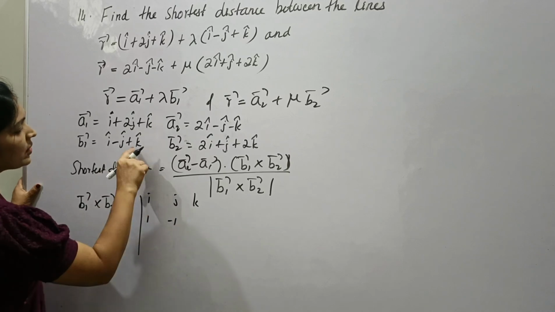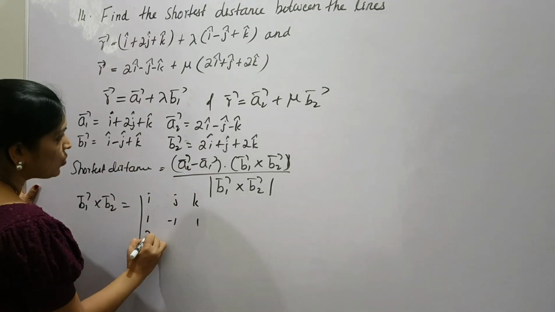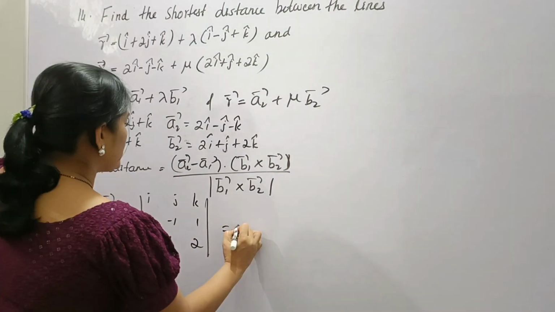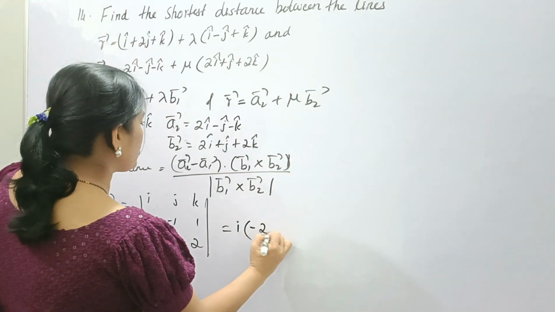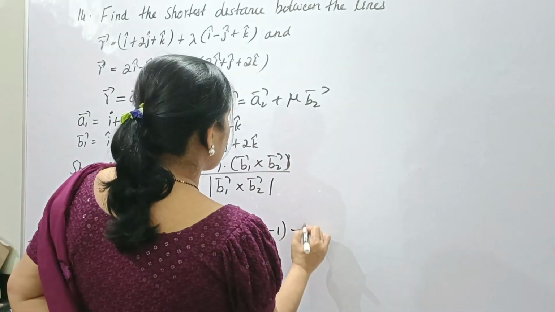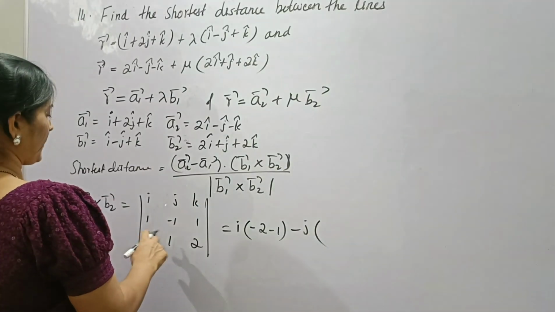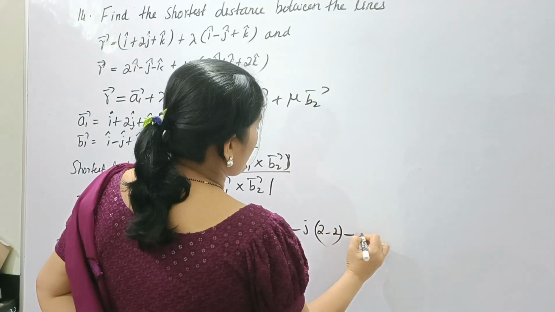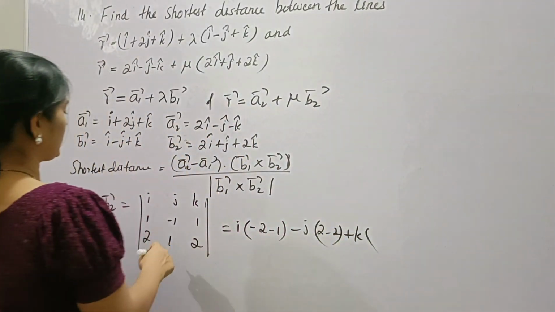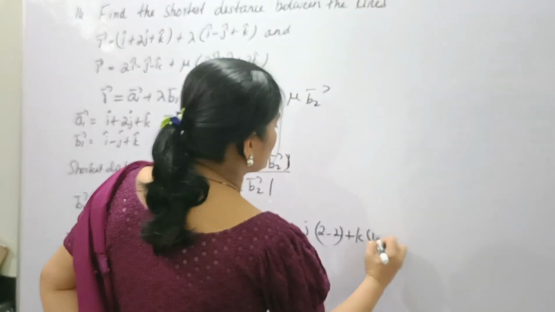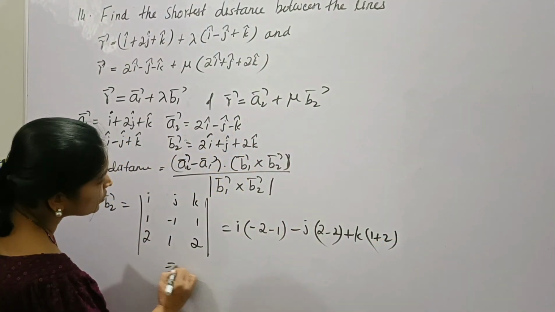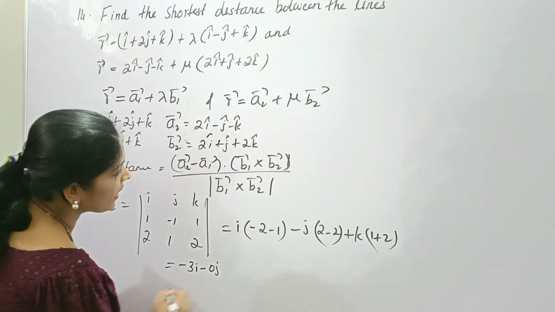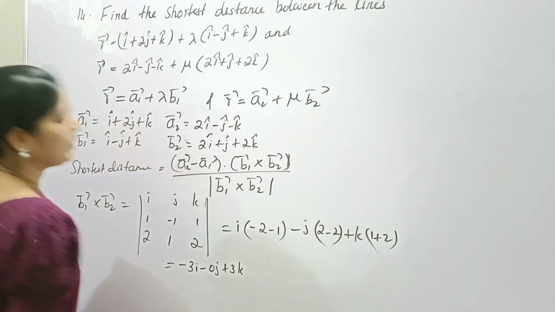Okay, so let's find vector B1 cross vector B2, that is equal to determinant i, j, k; 1, minus 1, 1; 2, 1, 2. That is i into (minus 2 minus 1), minus j into (2 minus 2), plus k into (1 plus 2), that is equal to minus 3i minus 0j plus 3k.